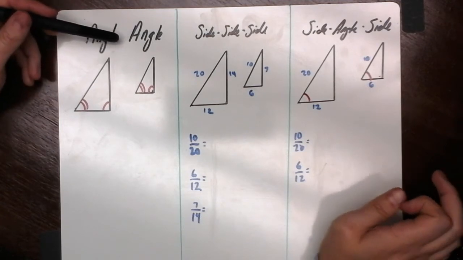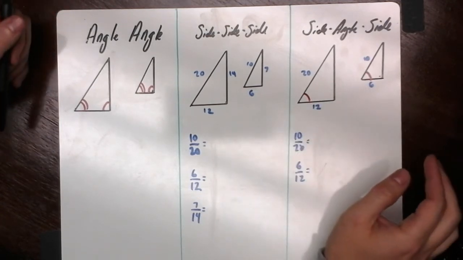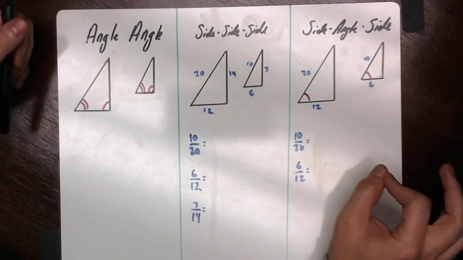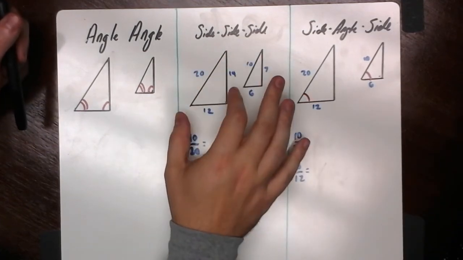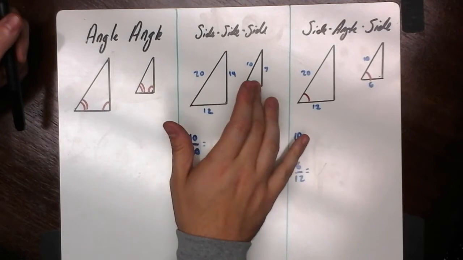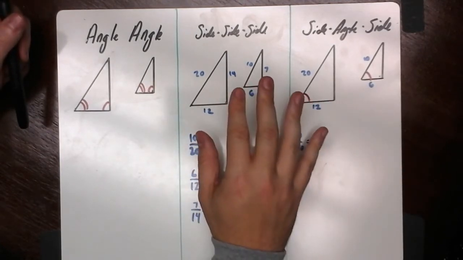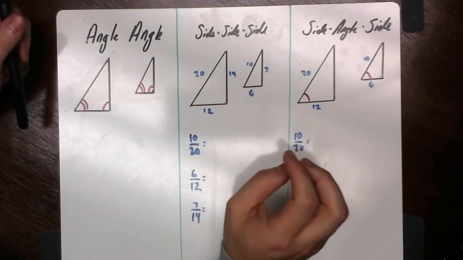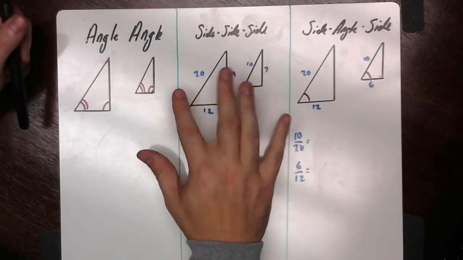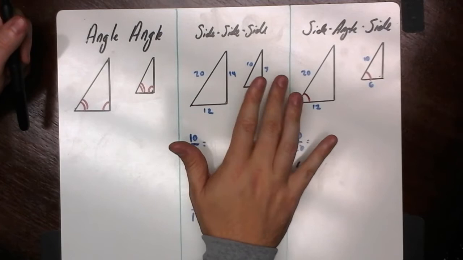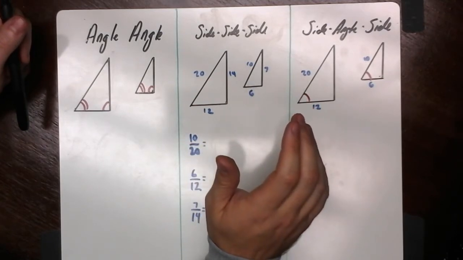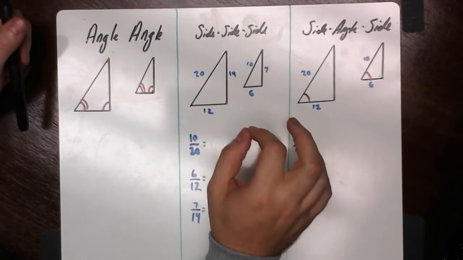Now we got side similarity. Well, that one is a little bit more straightforward, or it can be more straightforward, because we're just looking at the 3 sides. So I want to use side as a reason to prove similarity. Well, in order to do that, I need to prove that all 3 of these are proportional at the same scale factor.